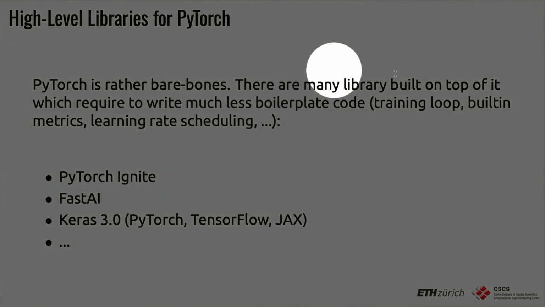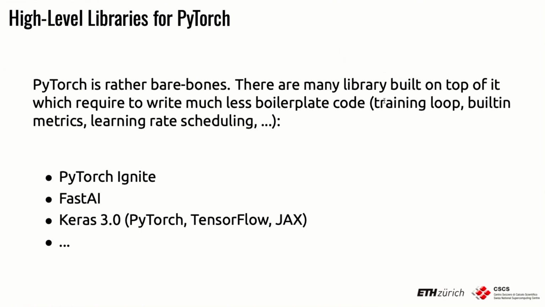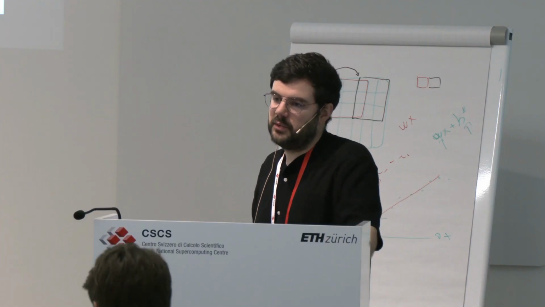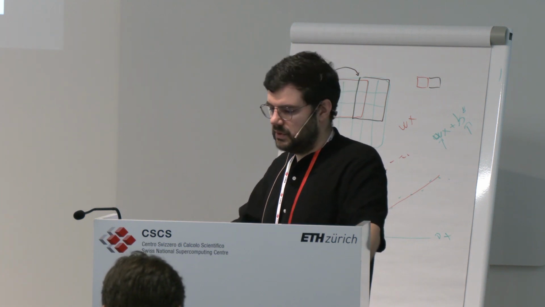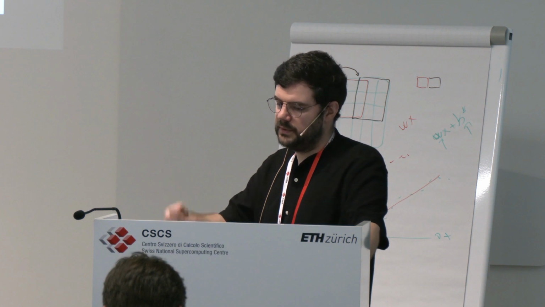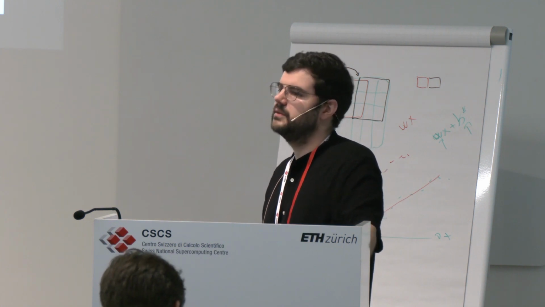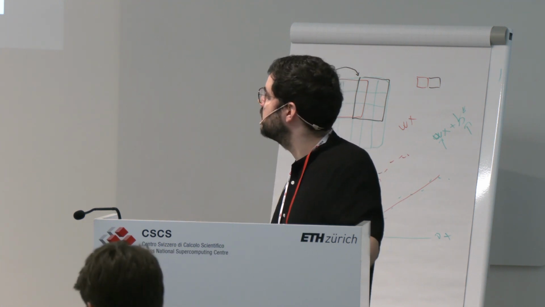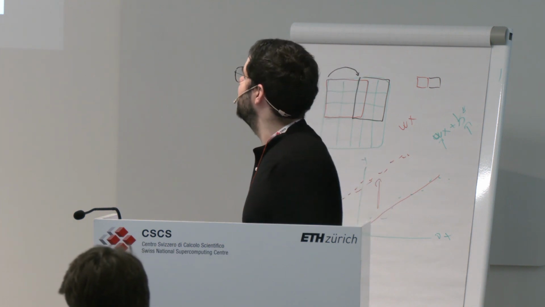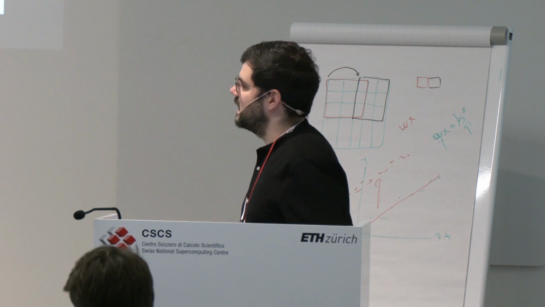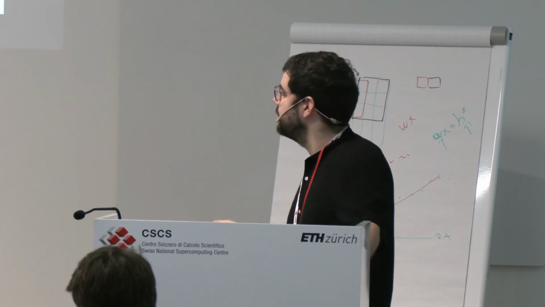And so there are many libraries built on top of it that require much less boilerplate code. So you can get started, you can think about the architecture and what you want to do, how you want to solve your problem with which architecture, but then you don't have to think about how to implement the training loop, or I forgot to zero the gradients and stuff like that.